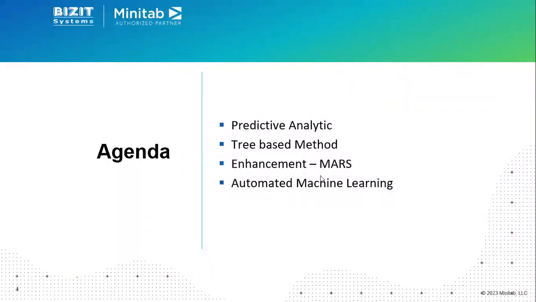Hopefully this time I will touch a little bit on MARS. If you want more on MARS, I think we can do another webinar for it. Since our webinar is only 1 hour, for sure I cannot show all the available features for predictive analytics, but hopefully it will give you some idea to start your journey into the predictive analytics world.